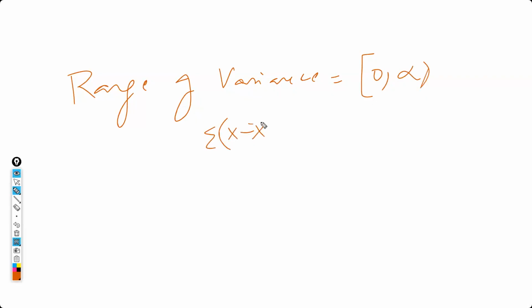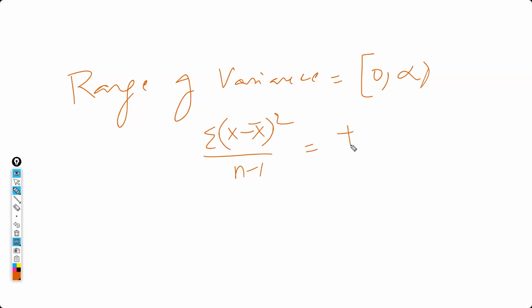So what is the range? What is the range of variance? The range of variance is from 0 to infinity. Positive numbers, any number can be there, 0 to infinity. What is the reason? Sigma of X minus X bar whole square divided by n minus 1.